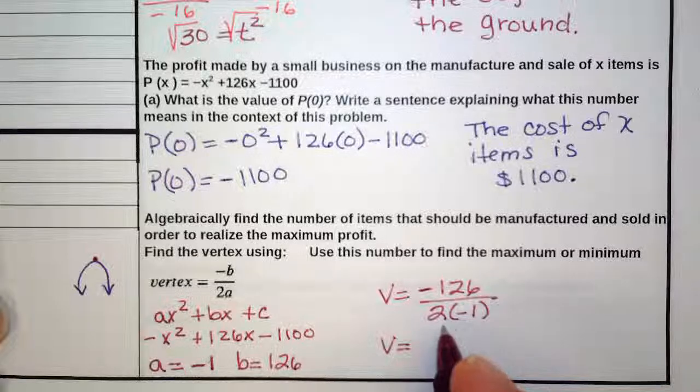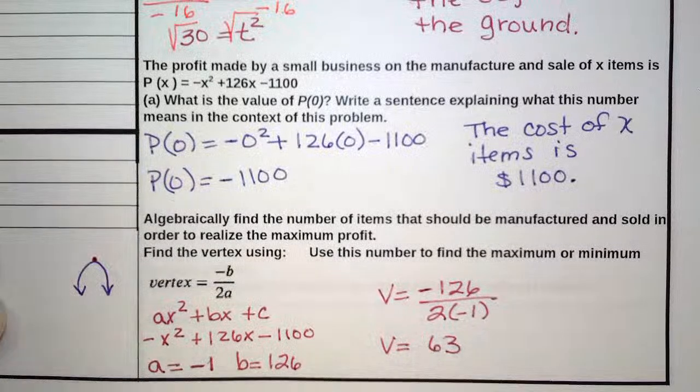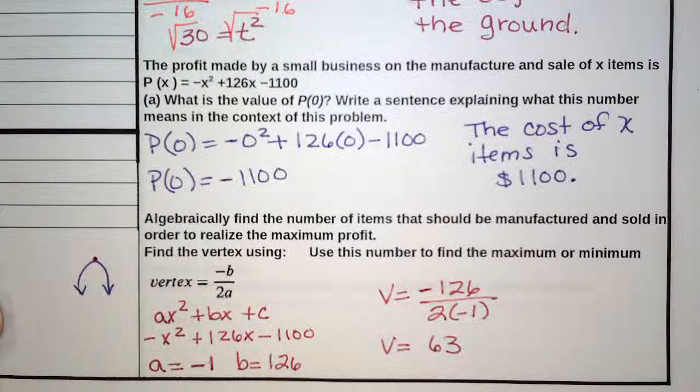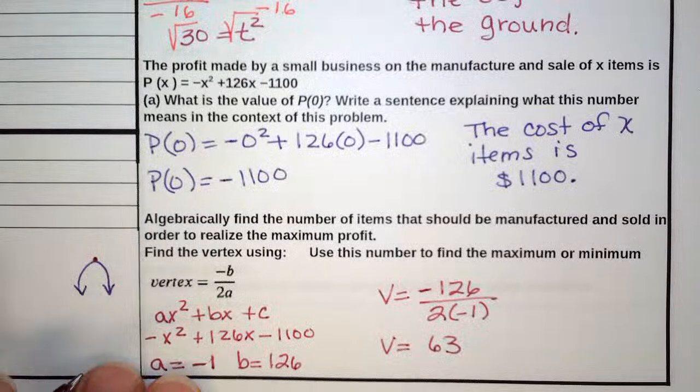Negative 126 divided by -2 is positive 63. So when our x value is at 63, we will hit the maximum of our quadratic.